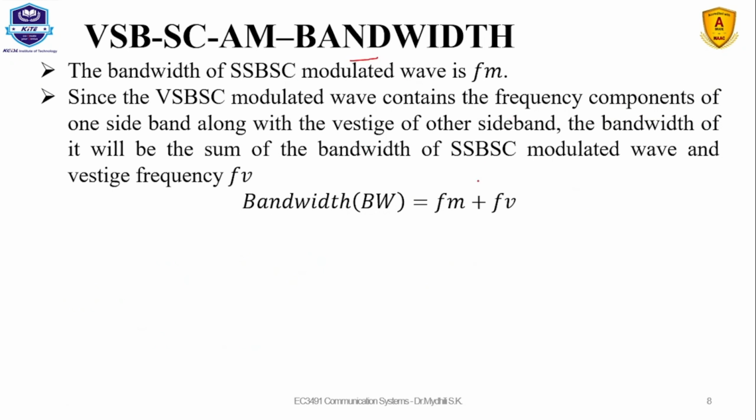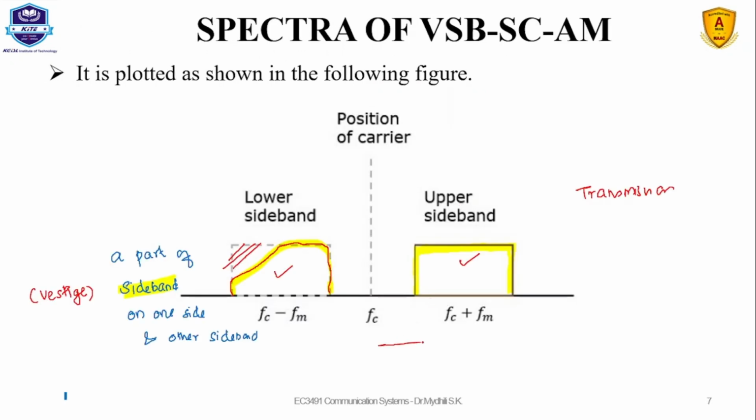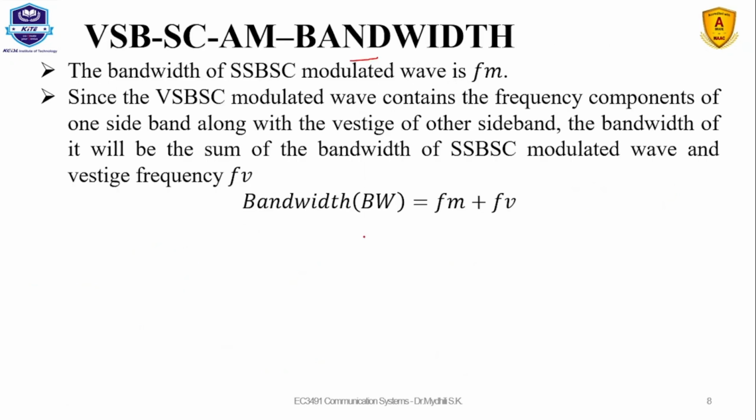You can see a part of the message signal is transmitted. From here till here it will be fm, whereas the other side is not fully fm but only a vestige, the vestigial frequency fv. So the bandwidth is equal to fm plus fv.